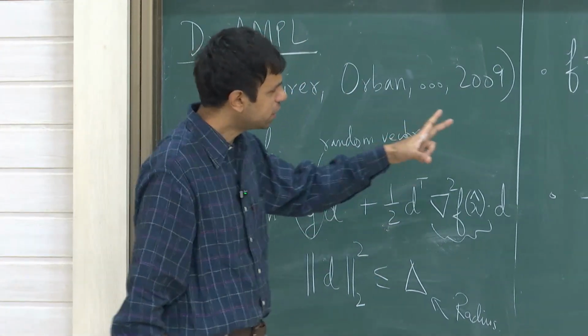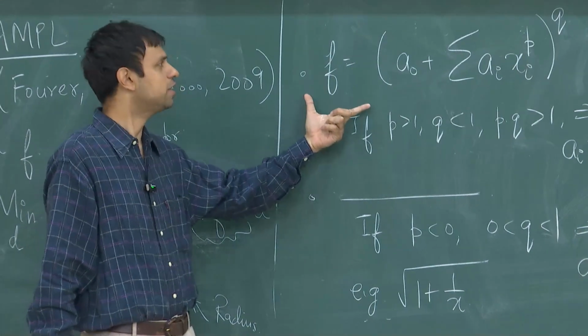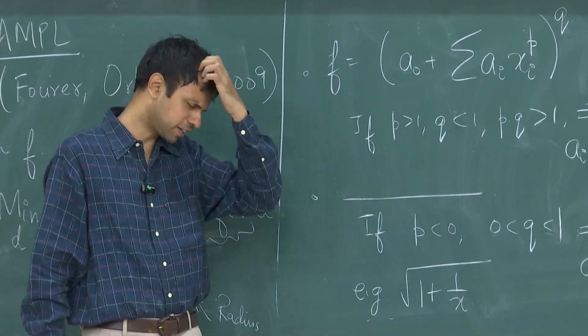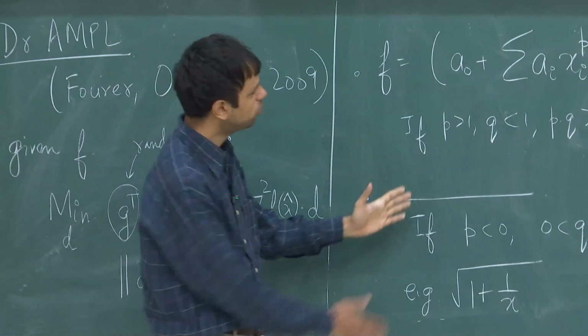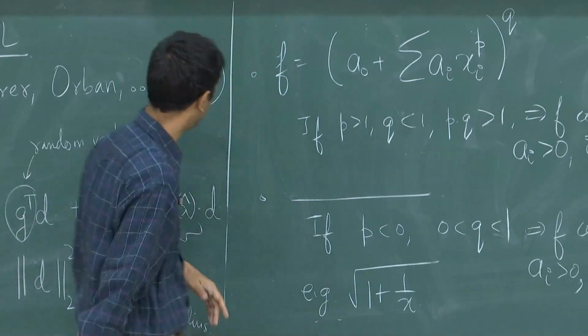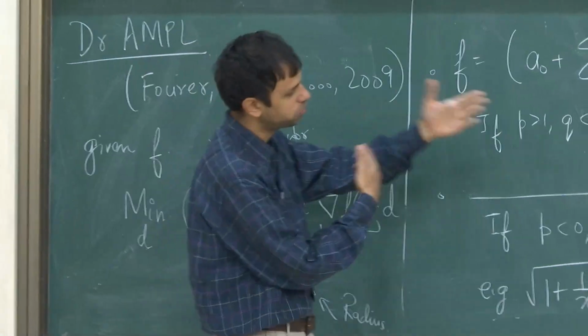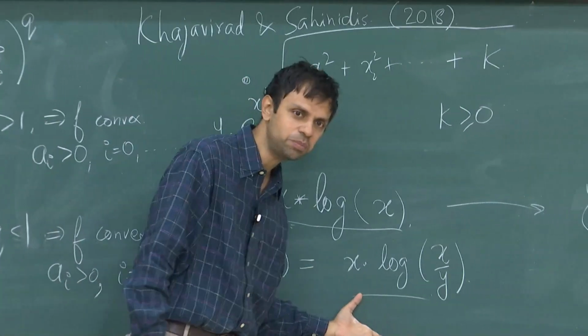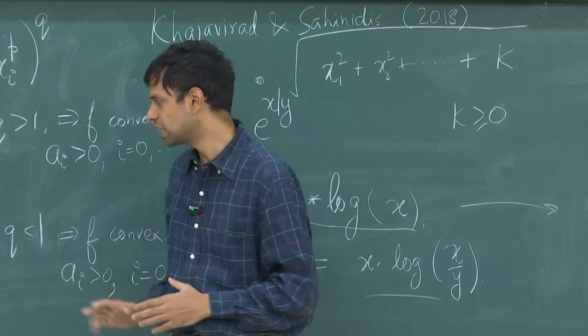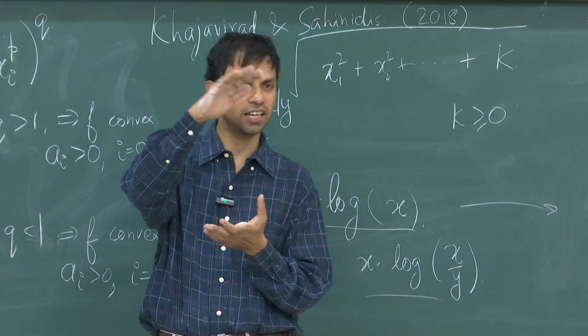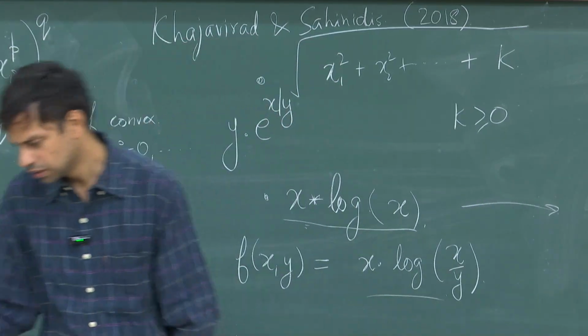your function may actually be composed of several such functions. For example, your function may be a sum of a function of this type plus a function of this type. So you don't apply this bag of rules directly to the function, but to the computational graph.